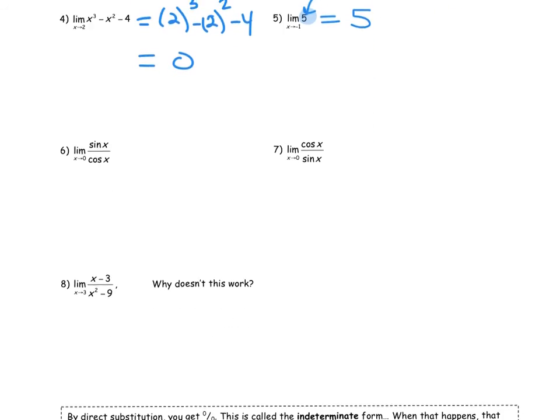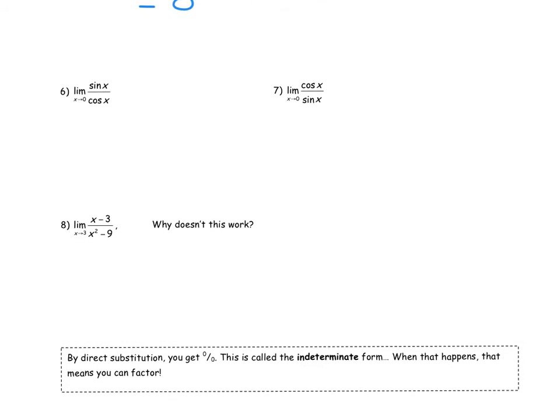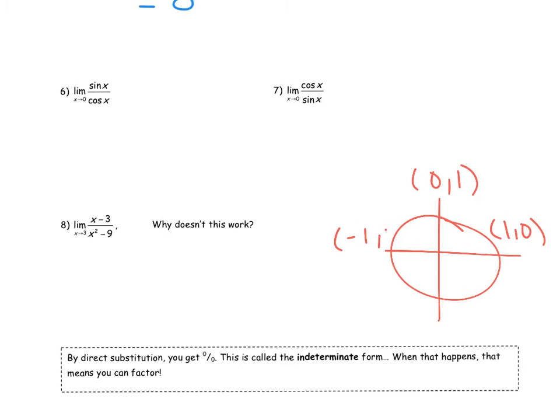All right, so let's look at questions 6 and 7. So this requires us to recall our trigonometry. So I'm going to draw my unit circle here on the side. I've got 1, 0, 0, 1, -1, 0, and 0, -1. So I want to take the limit as x approaches 0 for sine of x and cosine of x.